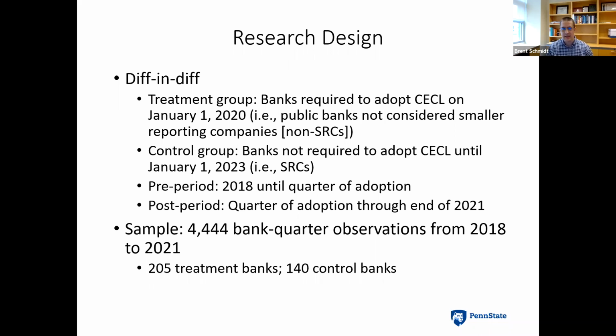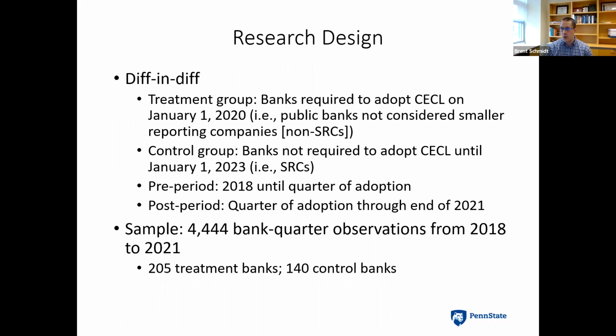In theory, and this may be hurting my case, all banks had the option to early adopt. So even banks in our control group that did not have to adopt until 2023 could actually early adopt.